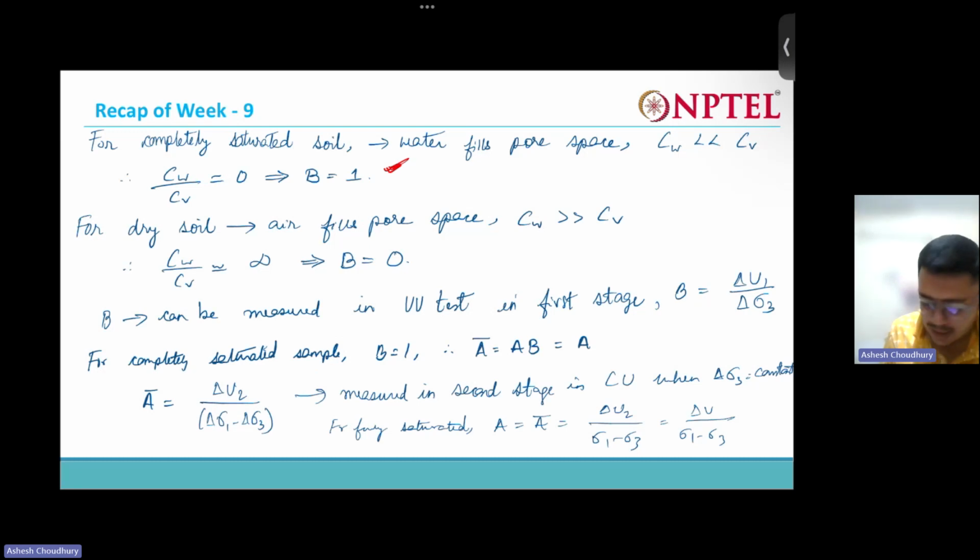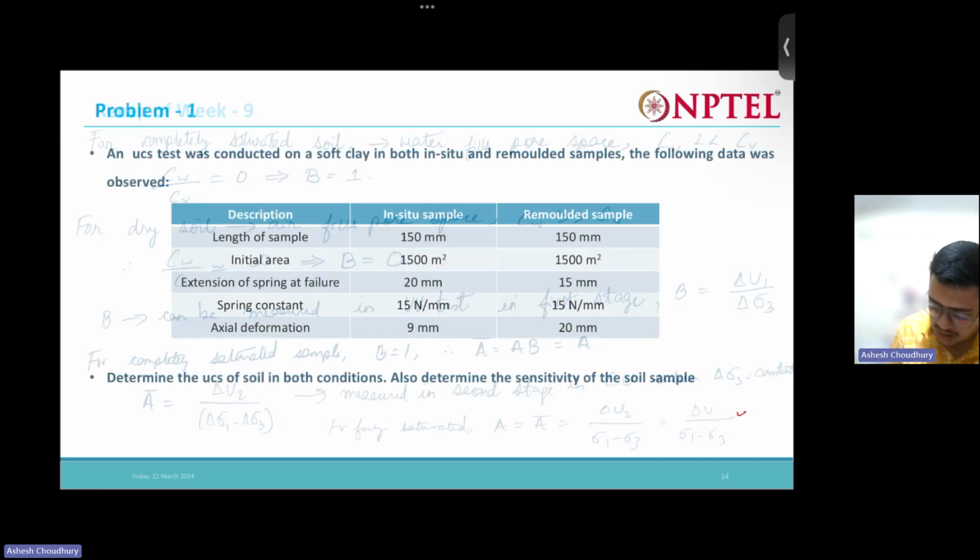Therefore A bar is going to become A. Now what is A bar? A bar is nothing but delta u2 by delta sigma 1 minus delta sigma 3, measured in the second stage in CU when delta sigma 3 is constant. For fully saturated soil, A bar is equal to A. So this one you can already understand, right?